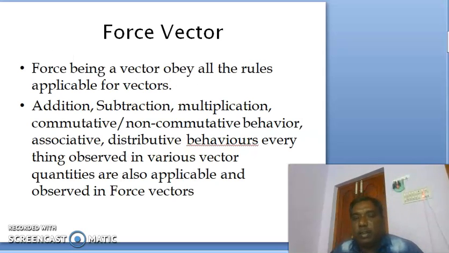So force, being a vector, obeys all the rules applicable for vectors. Addition, subtraction, multiplication, commutative or non-commutative behavior, associative and distributive behaviors, and everything else observed in various vector quantities are also applicable and observed in force vectors.